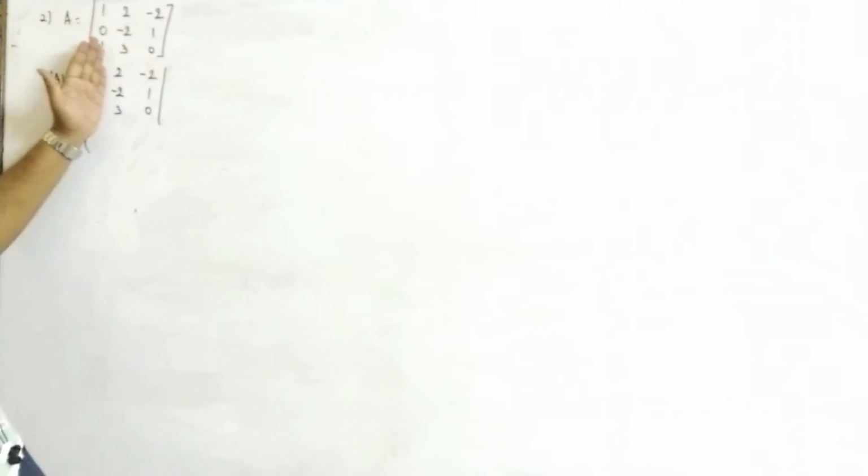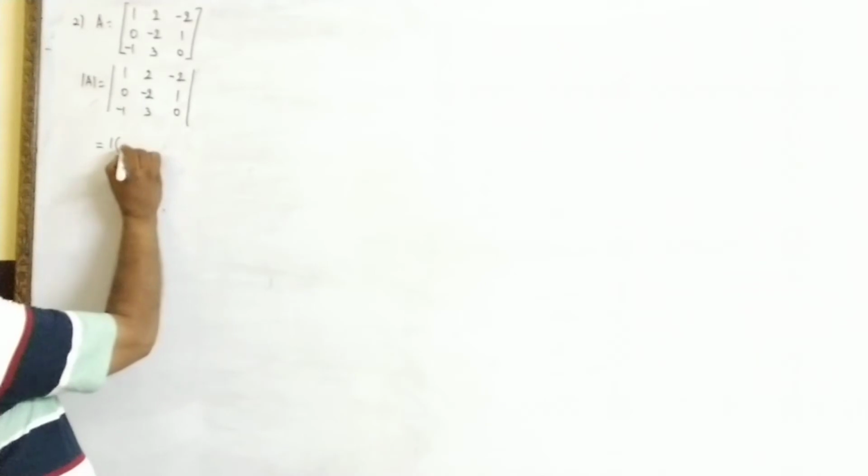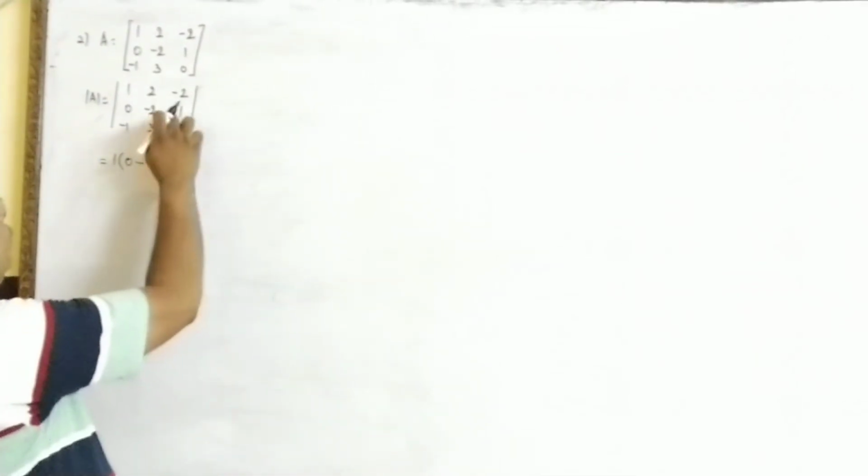1 into, leaving the first row and first column, the cross multiplication of the remaining 4 elements: minus 2 into 0 is 0, minus 3 ones are minus 3.